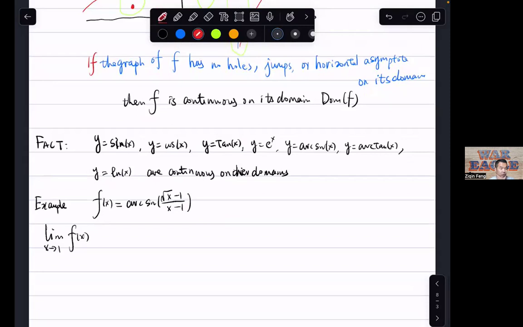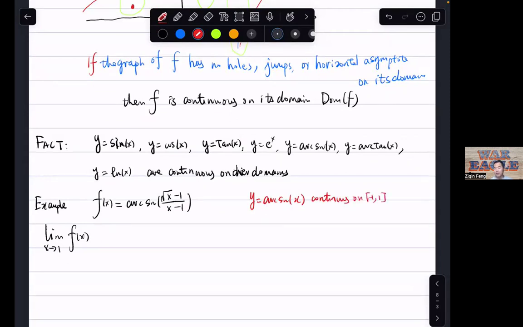As x goes to 1, if you plug in 1, you get 0 over 0 inside of arcsine. And you cannot plug in directly, but we do know that y equals arc sine of x is continuous on its domain, on -1 to 1.